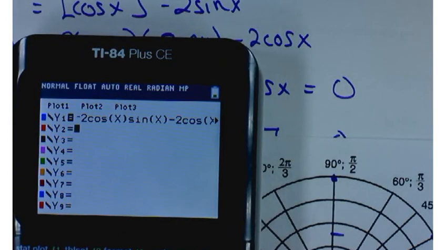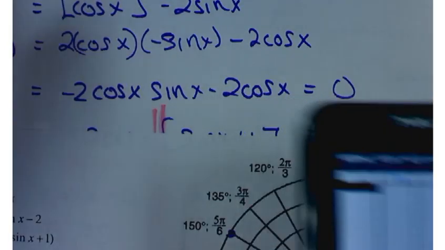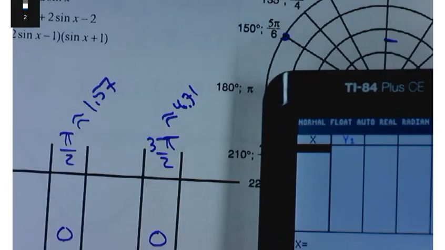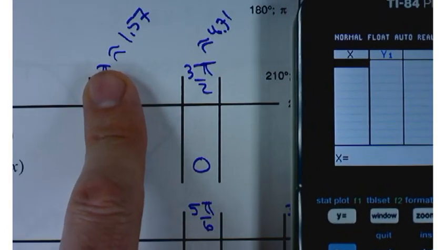So there's our derivative. Let's go to the table, second, and then table. I'll get rid of these old values here. And now I need some test points. And here's why we gave ourselves some decimal values. It's just to know roughly where we can test.